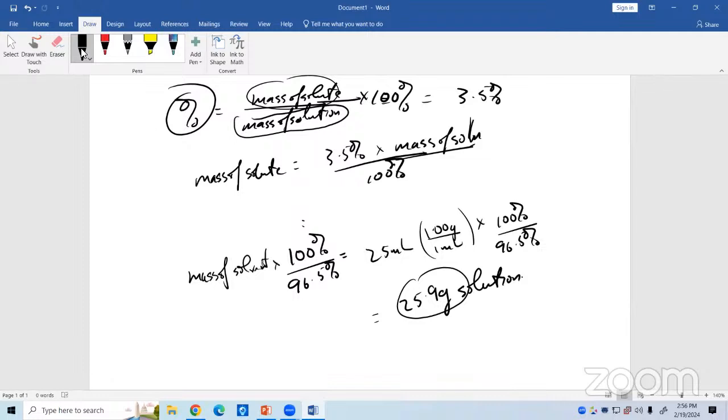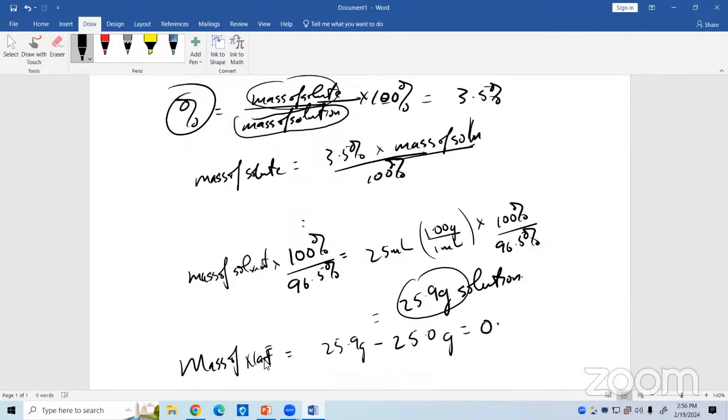Now the question is asking for the mass of the solute. And to get that, you'd find the difference between the mass of the solution and the mass of the water, right? So the mass of the solute, which in this case is sodium fluoride, would be equal to 25.9 grams minus 25.0 grams.